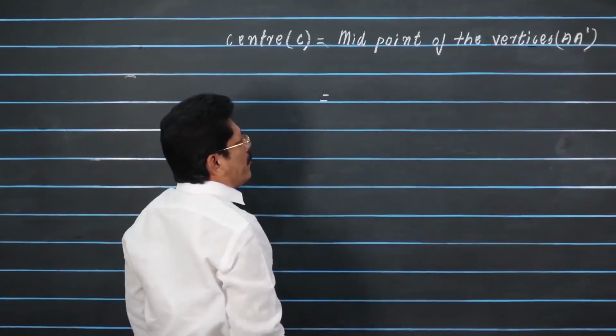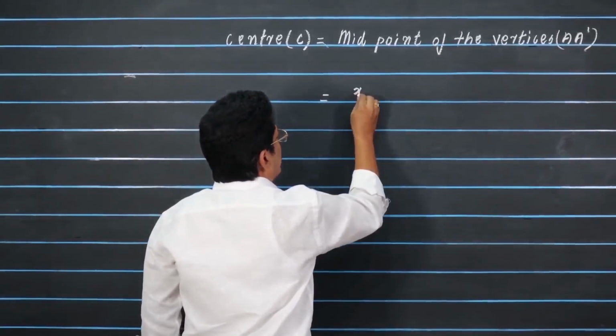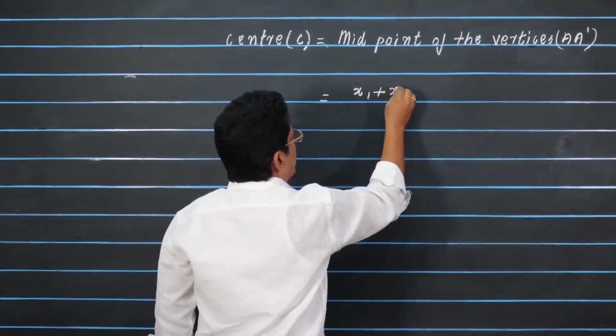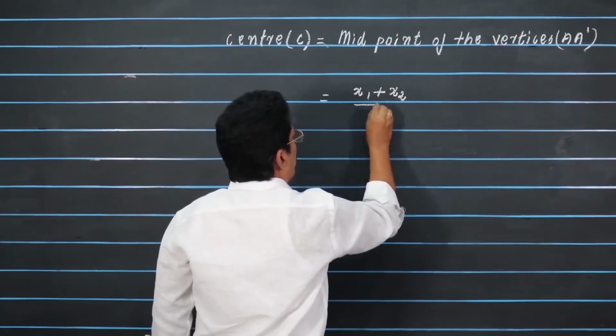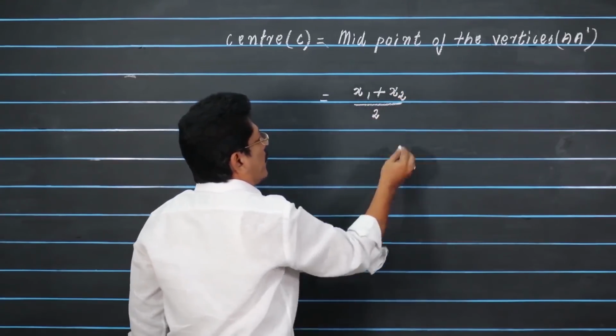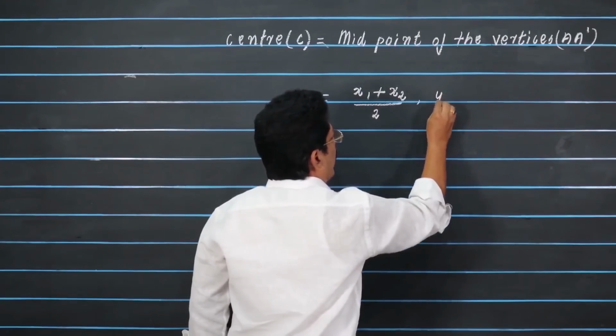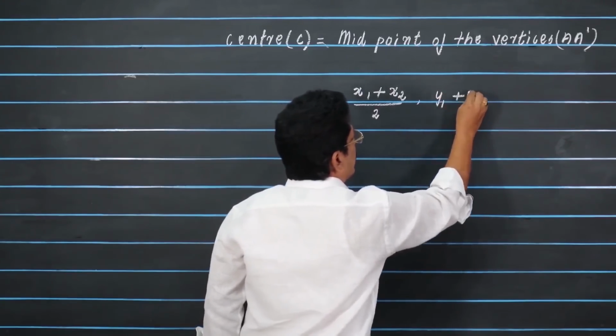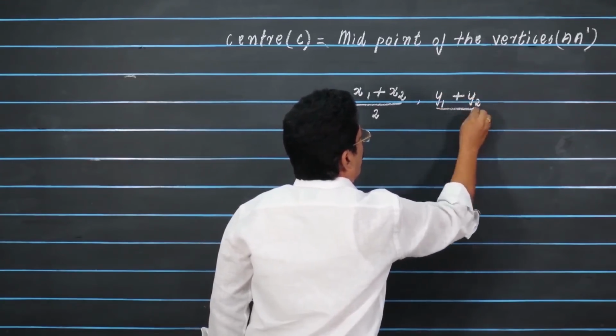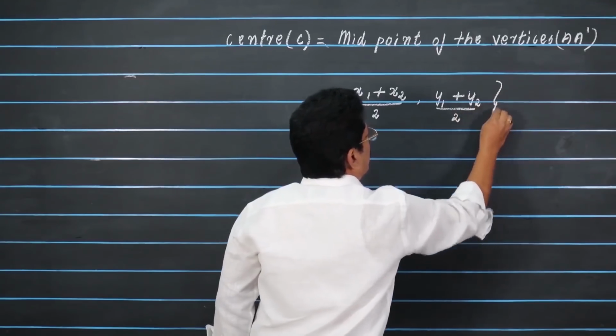Now, what is the midpoint formula? x1 plus x2 by 2, comma, y1 plus y2 by 2.